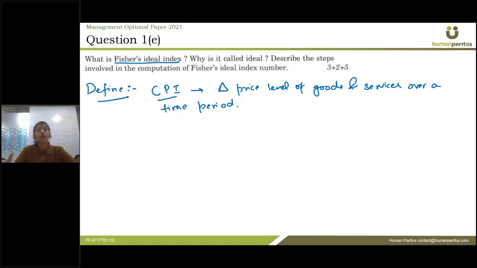So the definition is that it measures the changes in price levels of goods and services over a time period. Okay, and with this index, it calculates cost of living and inflation rate in the economy. So this finishes your first one. You just have to give the definition of what is Fisher's index.